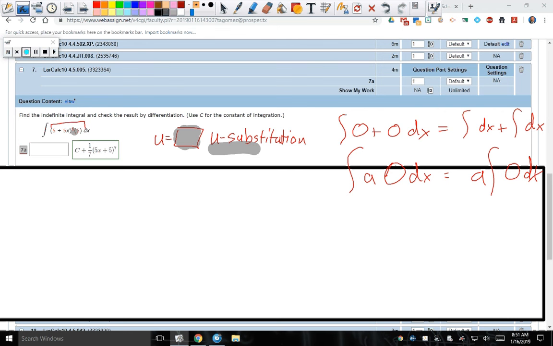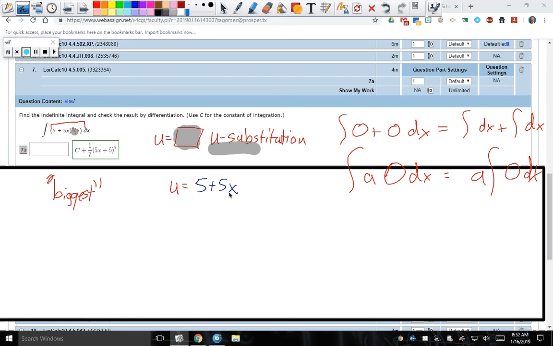The analogy that I want to give you is you're trying to use your biggest parenthetic piece that you can find. What's the biggest parenthetic piece that's going to gobble up a lot of this integrand? 5 plus 5x. So U is going to equal 5 plus 5x. You've gobbled up pretty much most of that problem.